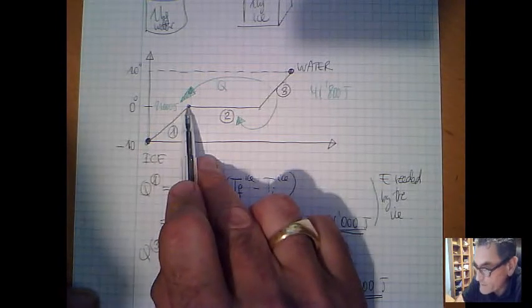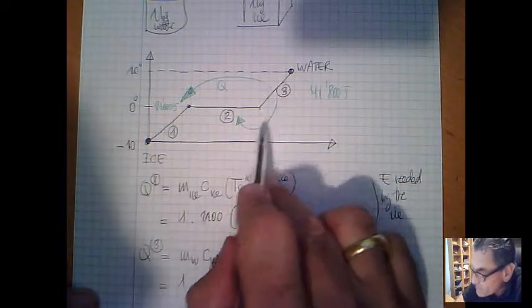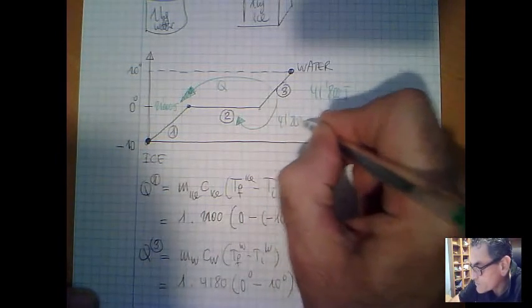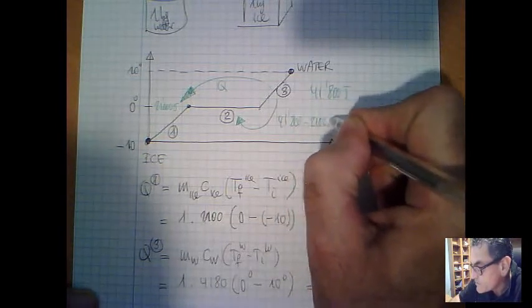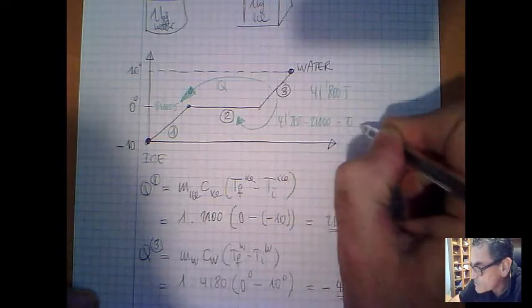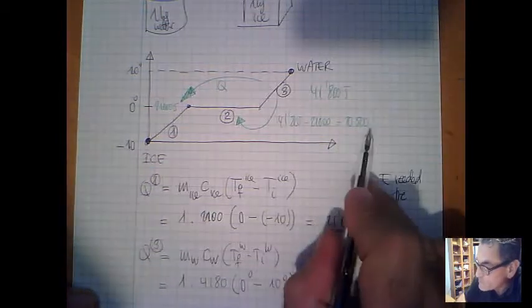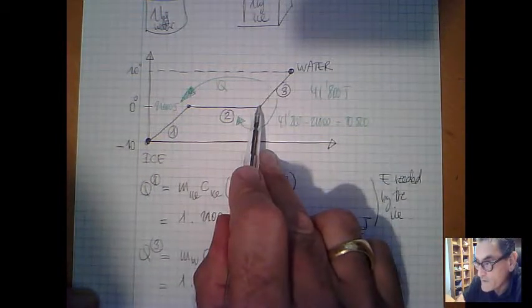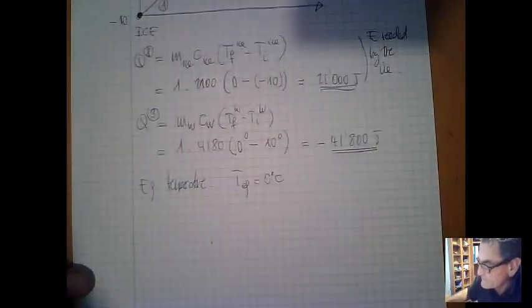I said to melt the ice, it's wrong. And then the rest, so 41,800 minus 21,000, which is 20,800, the rest can be used to melt the ice here. Do you understand?